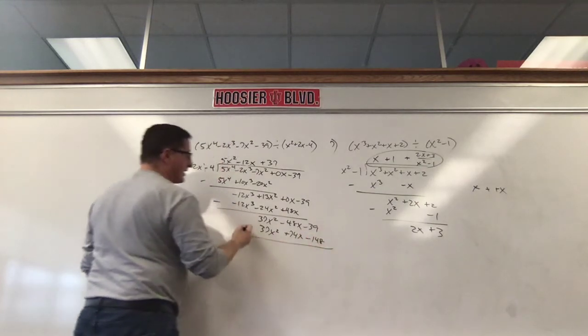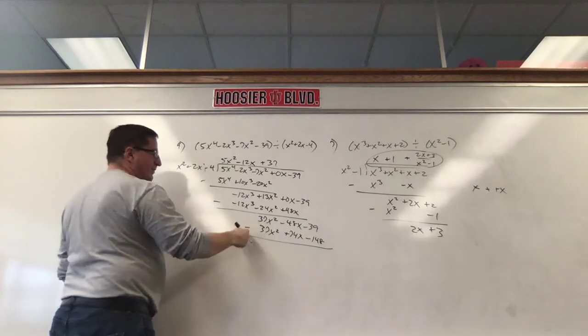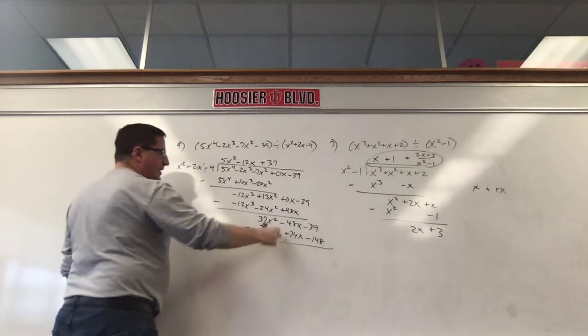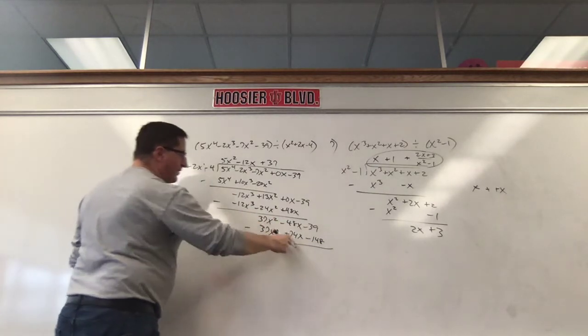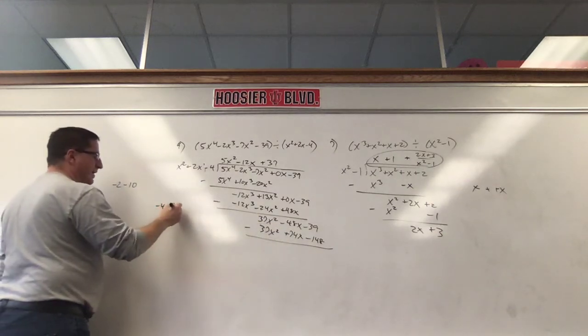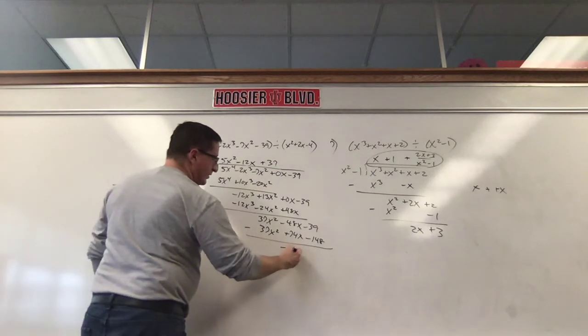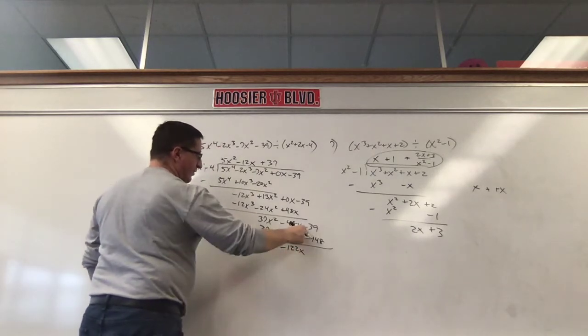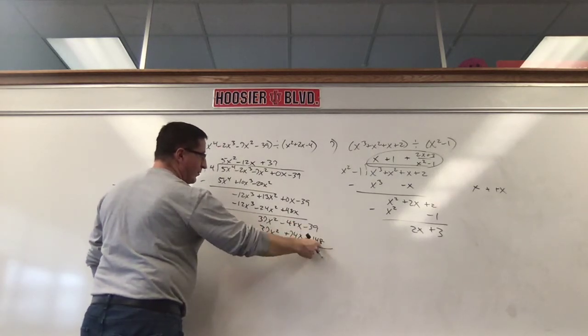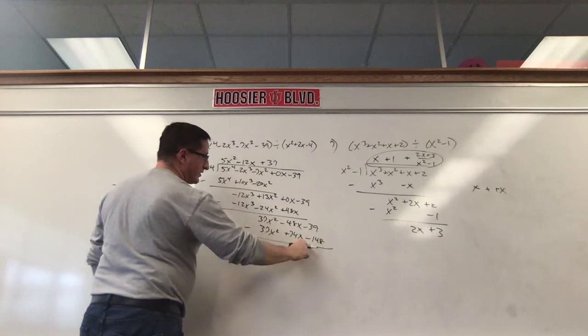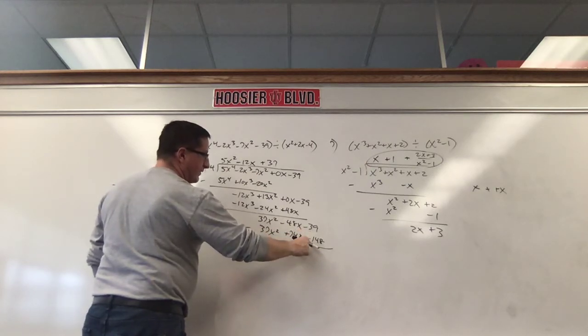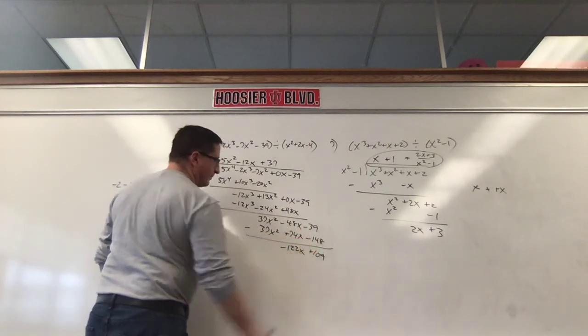For the third time, we subtract. 37 minus 37 is gone. Negative 48 minus 74 more is negative 122x. Negative 39 minus a negative 148 is plus, so a negative 39 and a positive 148 is a positive 109.